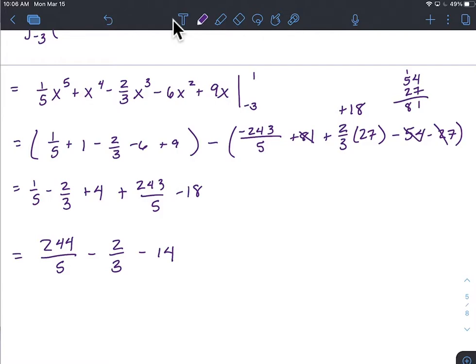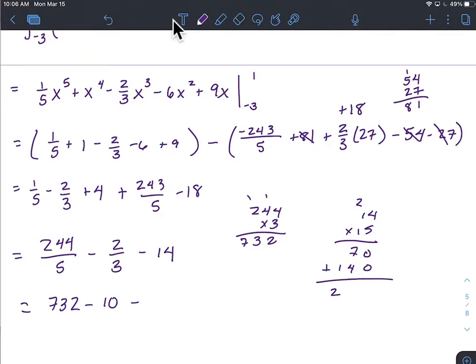Okay, let's make a common denominator then. Okay, 244 times 3, it's going to be 12 carry the 1, it's going to be 13 carry the 1, 732 minus 10 minus 14 times 15, that's 20, carry that.